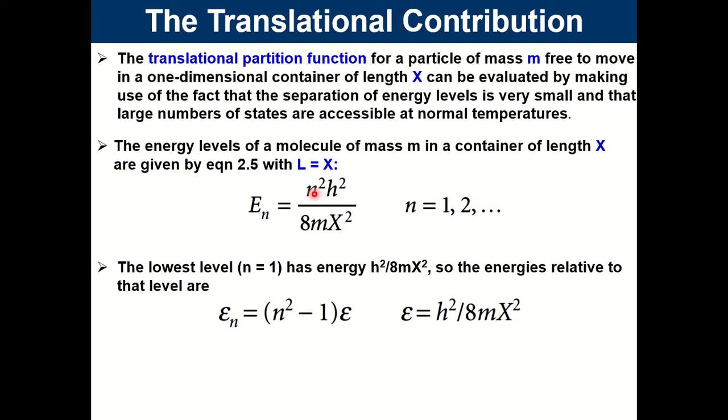If you substitute n equal to 1, you get h squared by 8mx squared, and in relation to this you can define all the energies. So with respect to the ground state energy, we define all the energies as we have been doing in the last class. That's the basic thing that we do in statistical mechanics. We take the lowest energy as 0. So that's what we are doing here.